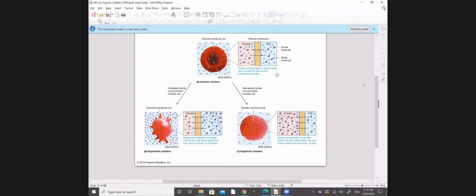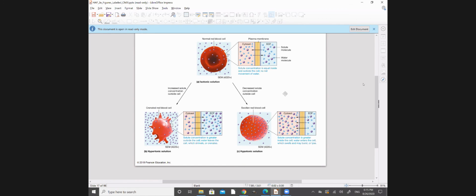That's why when someone goes to the emergency room dehydrated, they usually give them a bag of isotonic solution to replenish their blood volume. It's very important that it's not hypertonic or hypotonic.